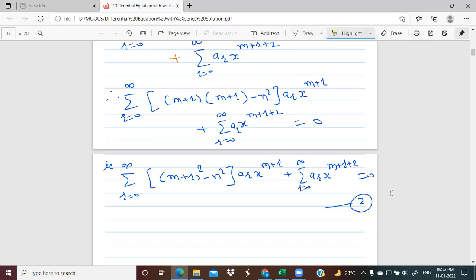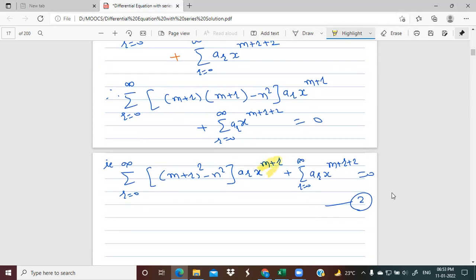Now after this, what do we have to do? The method tells us to compare the lowest degree term of x. Here is x raised to power m plus r, and here is x raised to power m plus r plus 2.